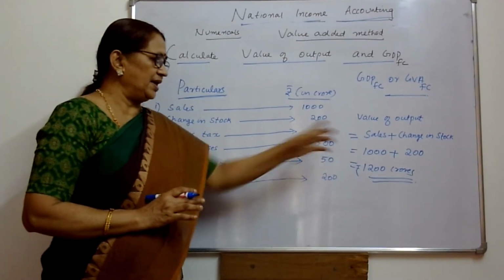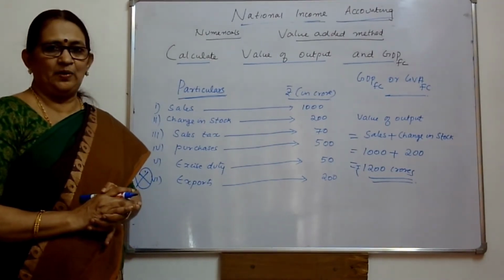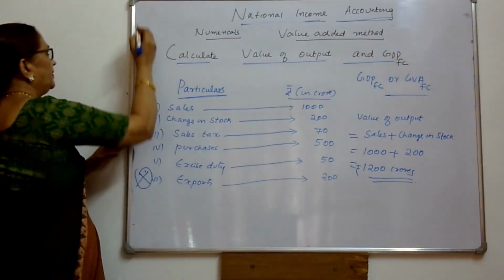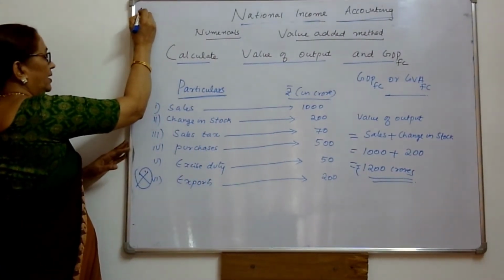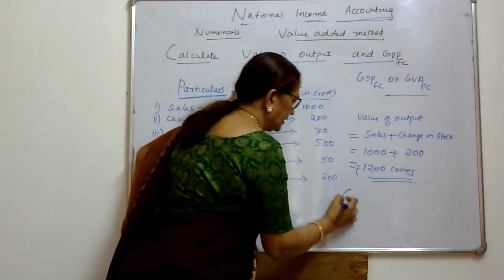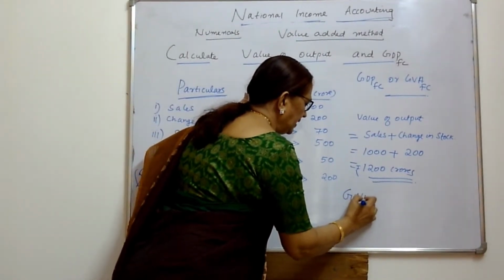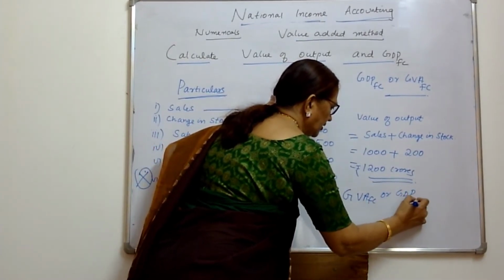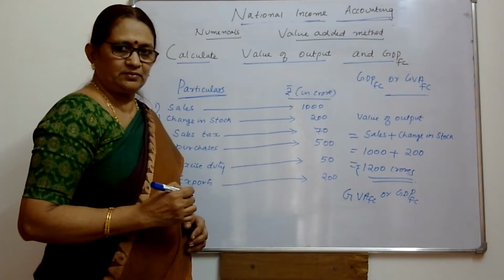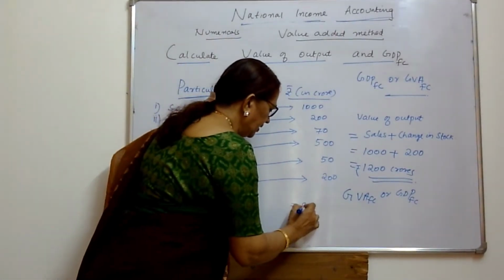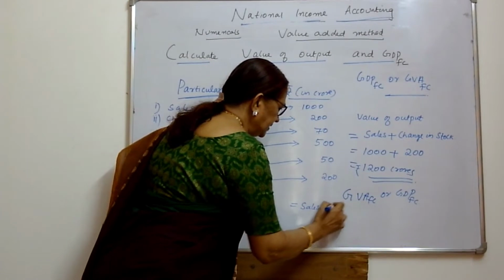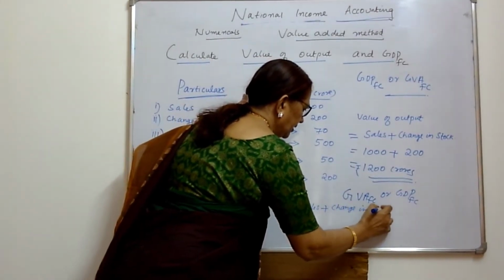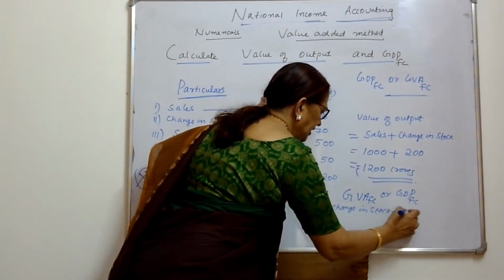Next we are going to calculate gross value added at factor cost. I will write here. Gross value added at factor cost or GDP at factor cost is equal to sales plus change in stock minus intermediate consumption.